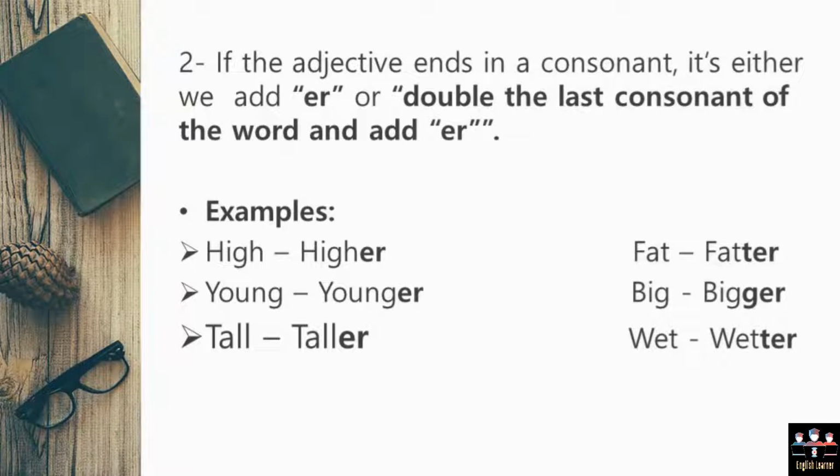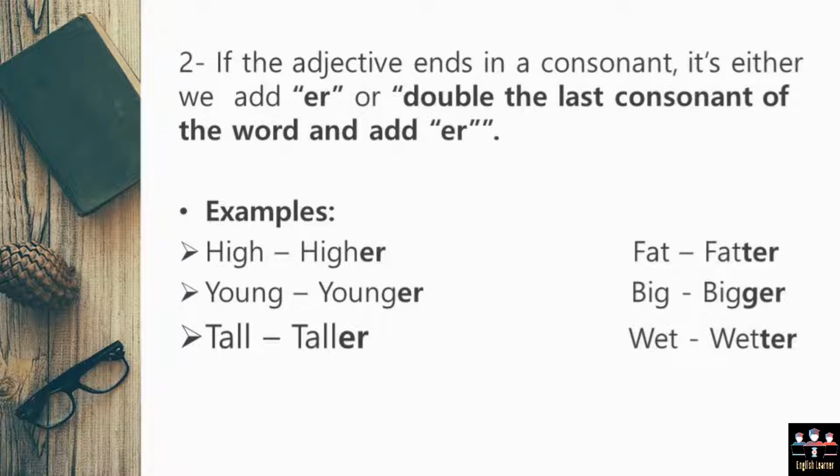Rule number 2. If the adjective ends in a consonant, let me just tell you what the consonants are. Consonants are all those letters in the alphabet other than vowels. We have 2 rules for the consonants. Number 1 is that we add ER.